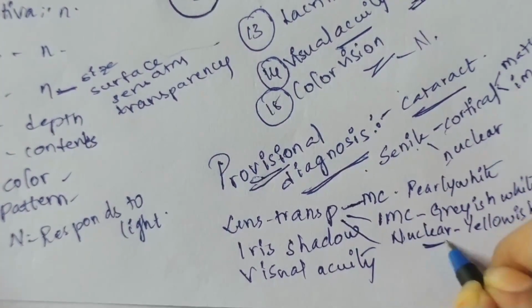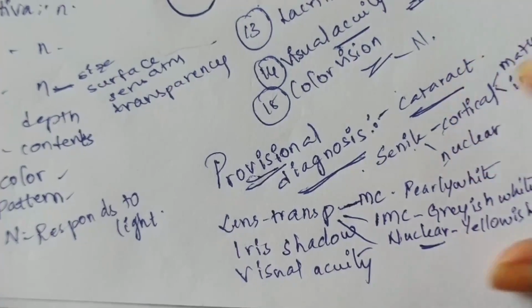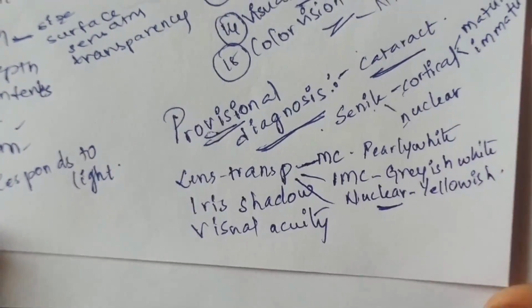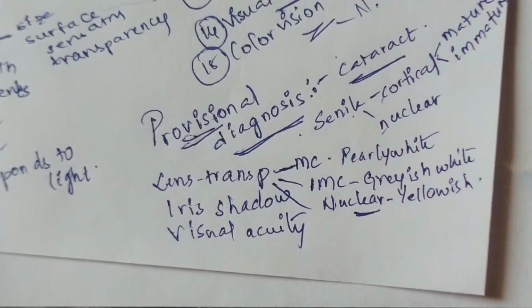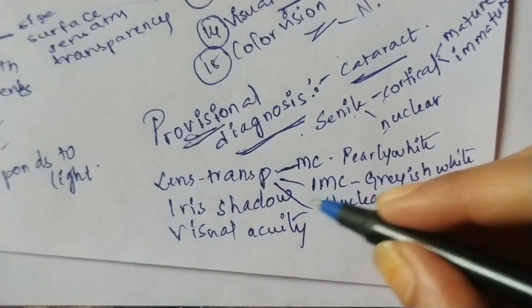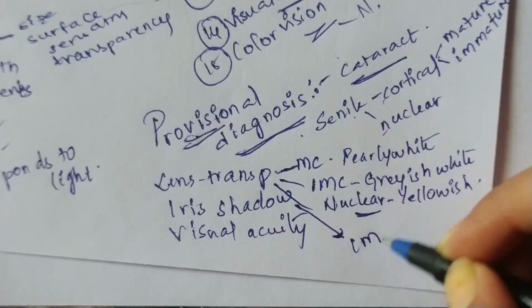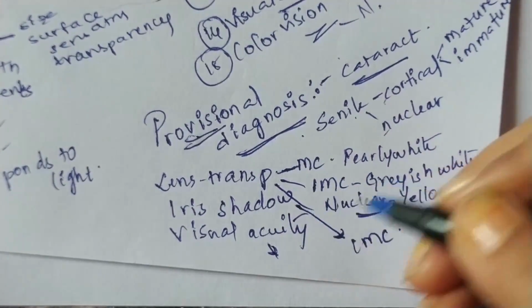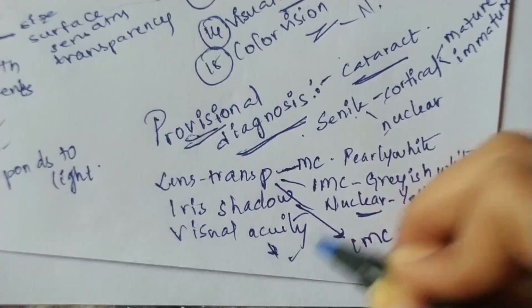If it is Morgagnian cataract, it will be sinking to the bottom. And then iris shadow is seen only in immature cortical senile cataract. And visual acuity, we will check their visual acuity and write that.